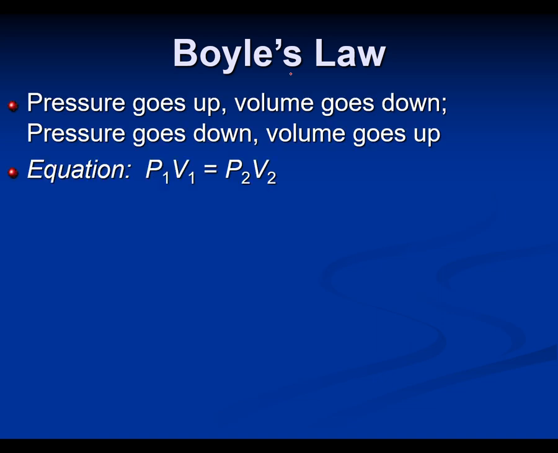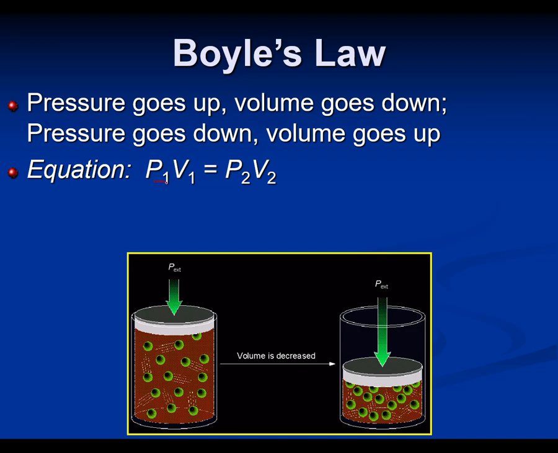The first law is Boyle's law. After Robert Boyle, it says as pressure goes up, volume goes down. As the pressure goes down, the volume goes up. Equation: P1, pressure 1 times volume 1 equals pressure 2 times volume 2. The ones represent initial conditions, the twos represent the final conditions.